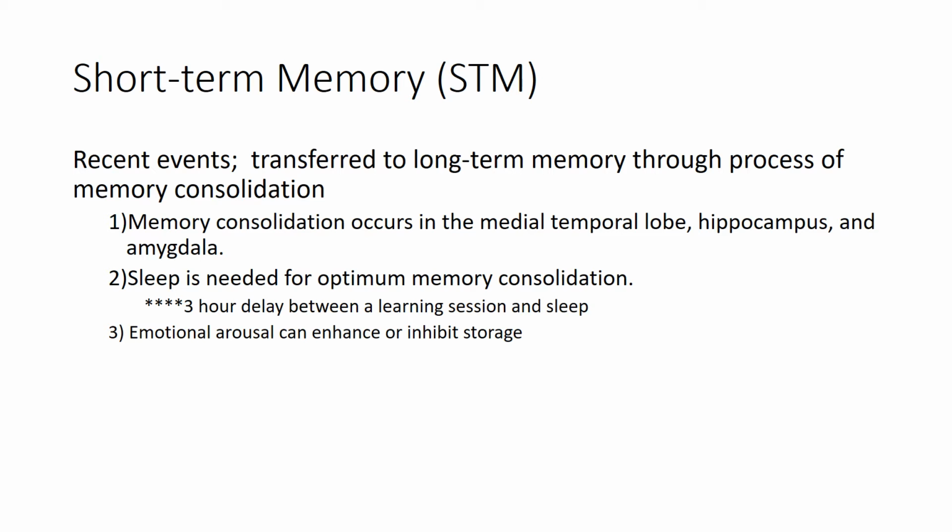This happens within the temporal lobe, the hippocampus, and the amygdala. Sleep is needed for optimal memory consolidation. Again, this is why you should sleep before a quiz or exam or a final project or presentation, because you're able to convert that short-term memory into long-term memory.